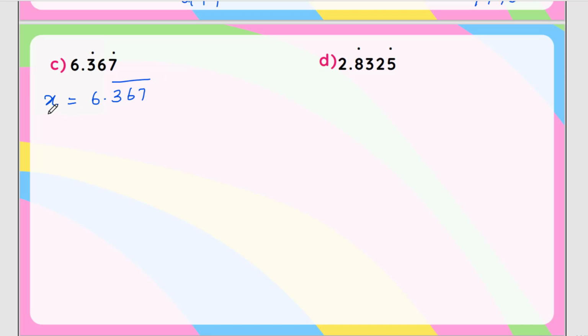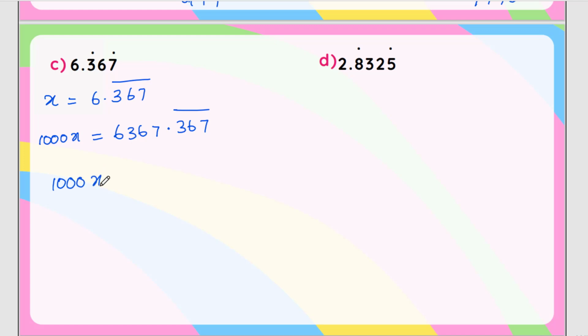Yes. So check how many digits are repeating: 3 digits are repeating. So multiply with 1000. 1000x equal to 6367.367 repeating.